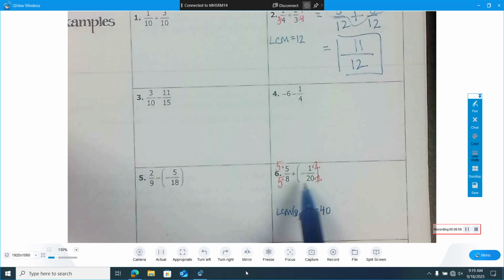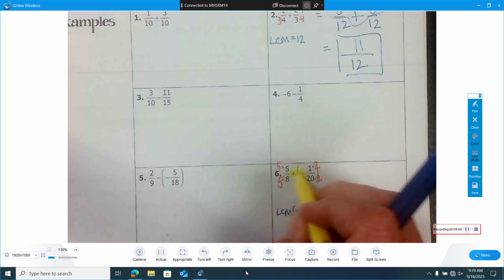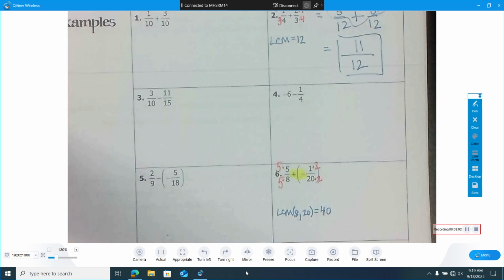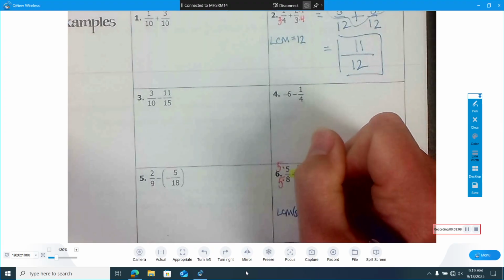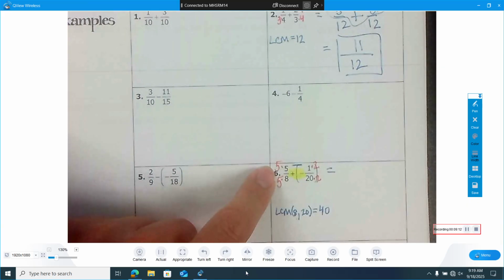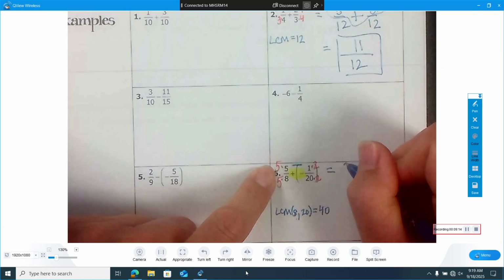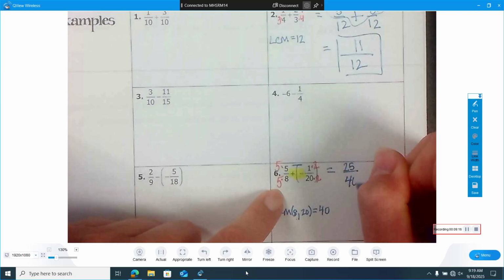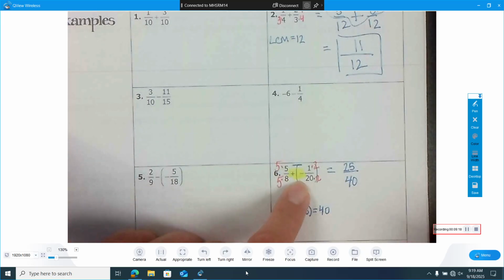And I see one little issue. What don't I like about this little expression? Double signs. How can I clean that up? Just subtract. Yes, very good. So I'm going to rewrite this. I have 5 times 5 is 25 over 40. My double signs, positive times negative, is just negative.